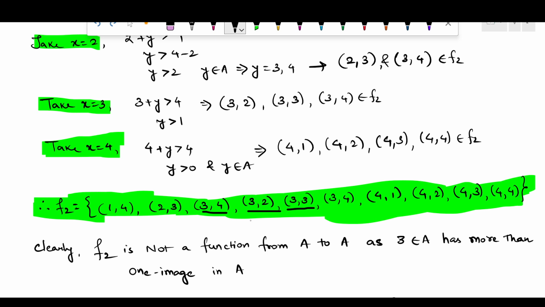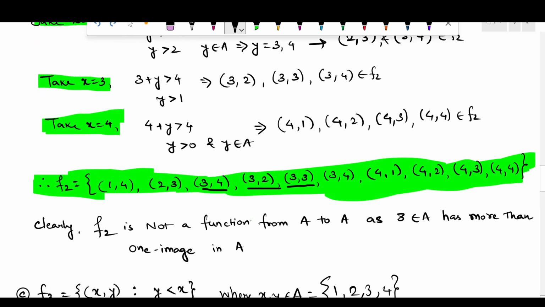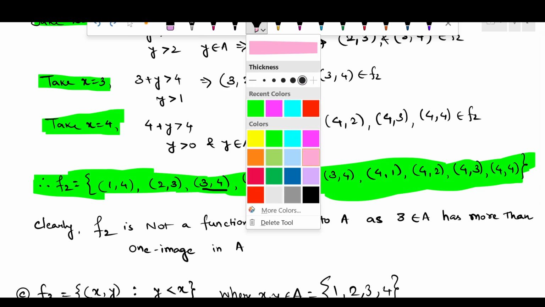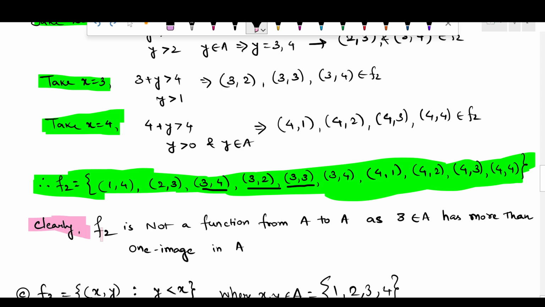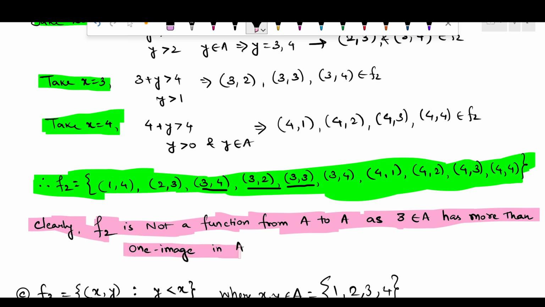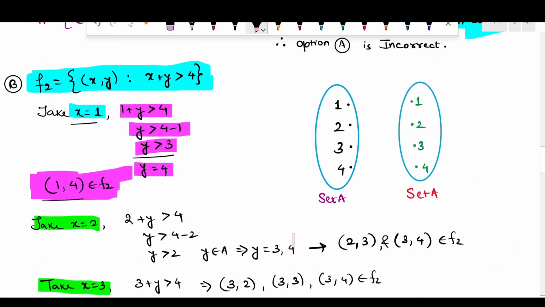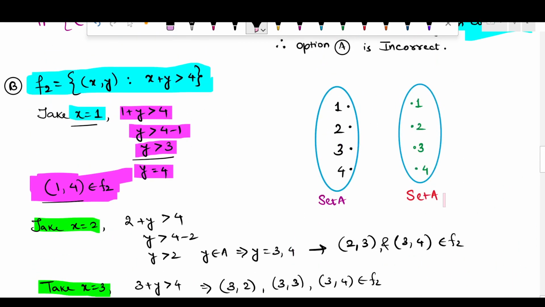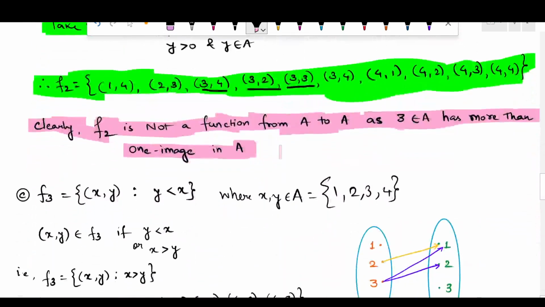Then by that definition we can say that f2 is not a function from A to A, as 3 belonging to A has more than one image in A. You can draw its arrow diagram as this. This is left as homework for you, right?